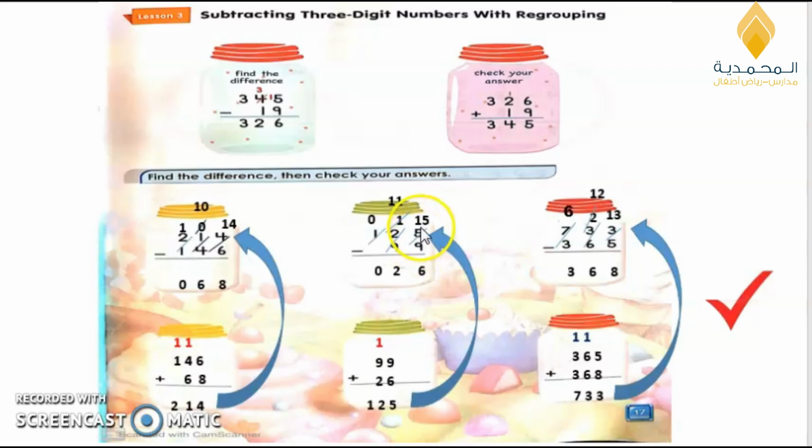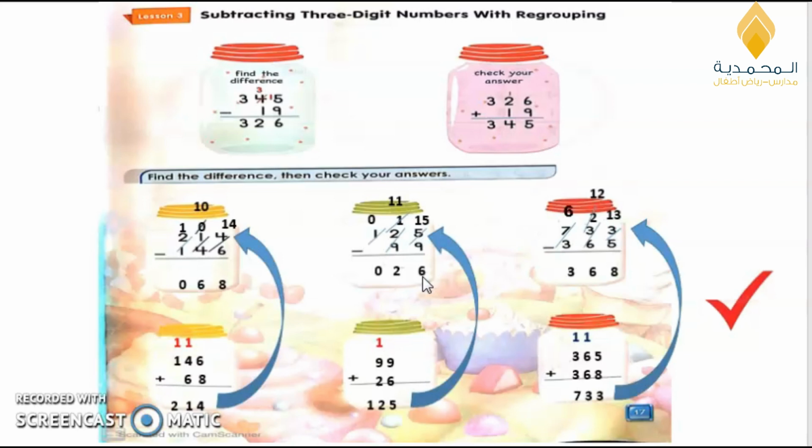So what we should do, move to the next digit and take 1 from the 2. Look, this is 2. Take 1 from it. It will become 1. Then put 1 beside the ones place. 5 becomes 15. And go ahead and subtract the ones place. 15 minus 9 is 6.